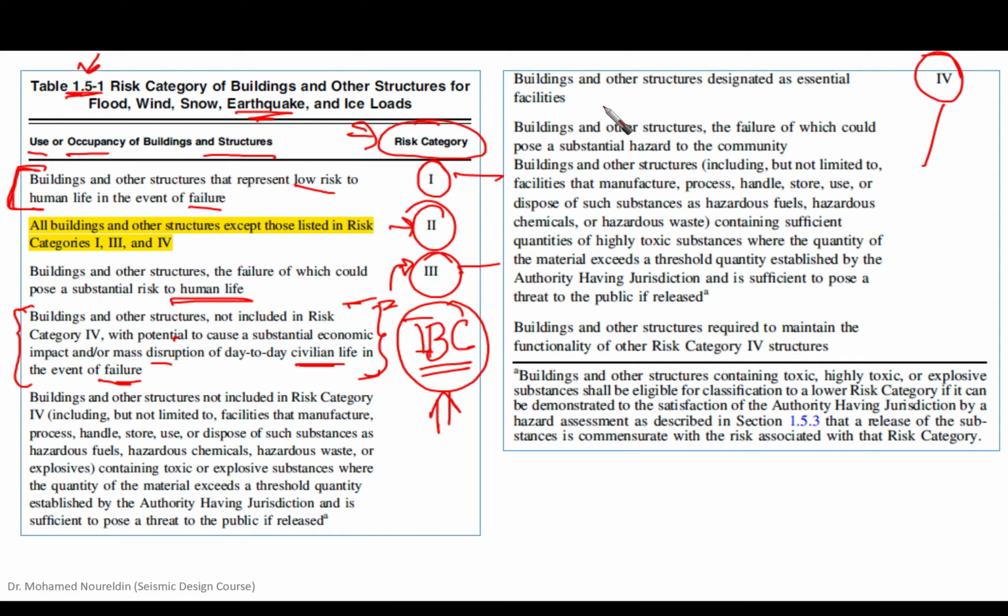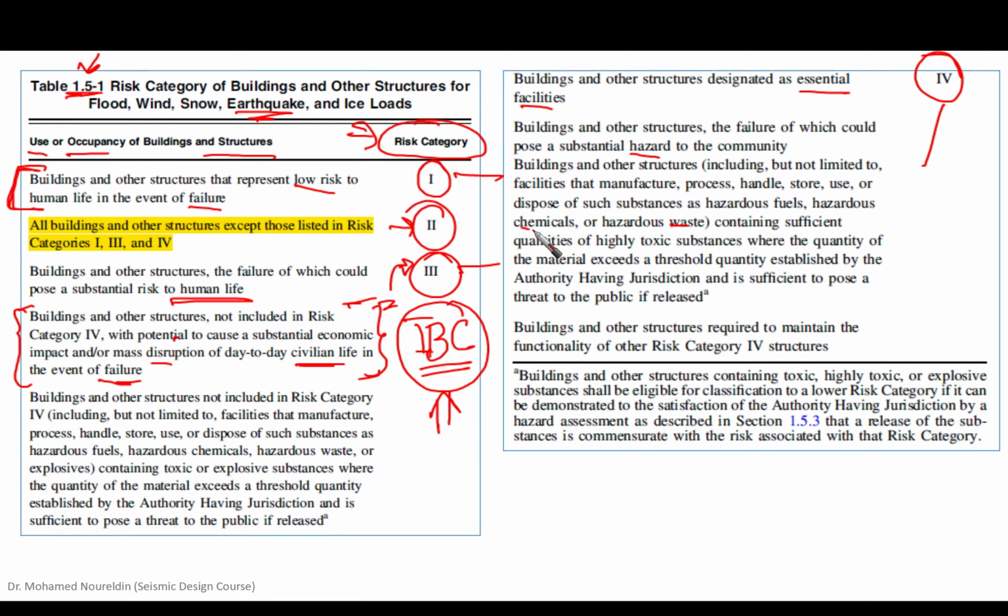For risk category 4, it is buildings and other structures designated as essential facilities, the failure of which could pose a substantial hazard to the community, including but not limited to facilities that manufacture, process, handle, store, use, or dispose of such substances as hazardous fuels, hazardous chemicals, or hazardous waste.